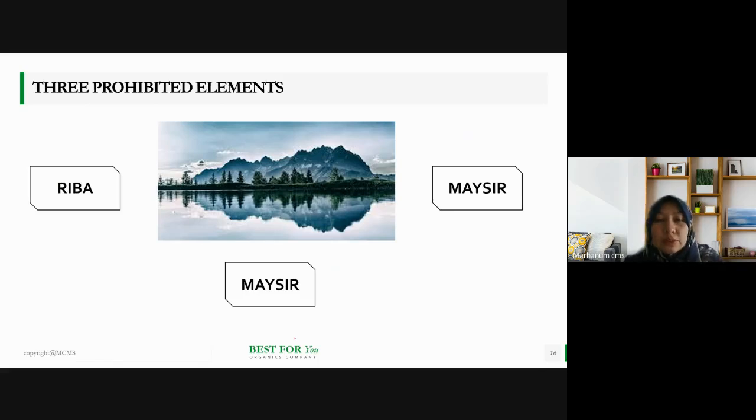Because in 1972, during a meeting among the scholars in Jeddah, Mecca, all the Muslim scholars at that time agreed that conventional insurance, as practiced then and until now, has elements of riba, gharar and maisir.